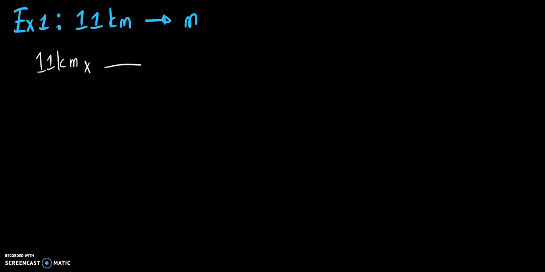So we are going to want to cancel this kilometer. To cancel this, we are going to put kilometer in the denominator. We are going to divide by kilometer. And then in the numerator, we are going to put the unit we are converting to, which is the meter. Now, the conversion factor between kilometer and meter: 1 kilometer is equivalent to 1,000 meters.